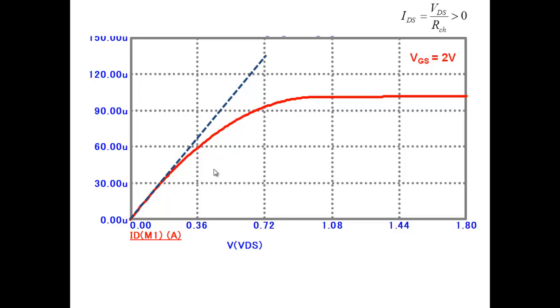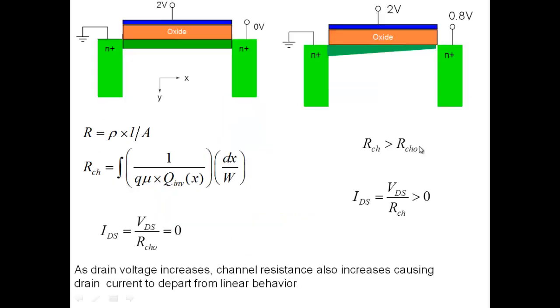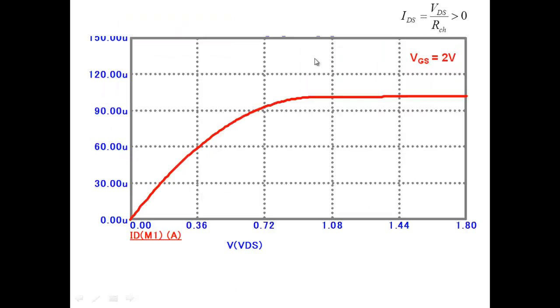But we note that as we apply a higher and higher drain voltage, the resistance keeps on increasing. Because, go back and see, as you apply higher and higher voltage, the resistance of the overall channel will keep on increasing. What does that mean in terms of the diagram? That the slope will keep on decreasing, indicating a higher and higher resistance.